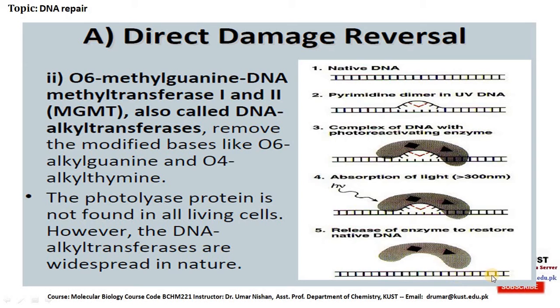So you can see this through the direct damage reversal mechanism. The complex of DNA with photoreactivating enzyme is formed, absorption of light takes place, and then release of enzyme happens to restore the native DNA.